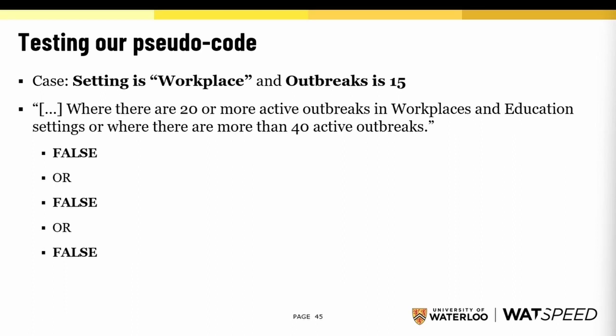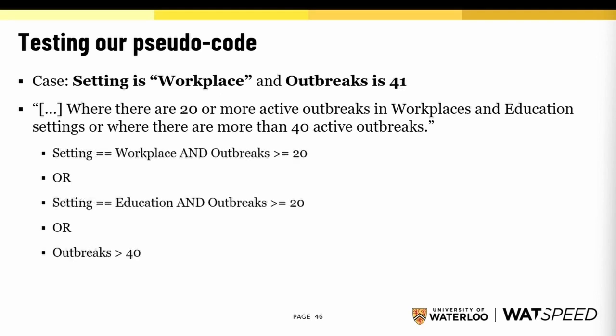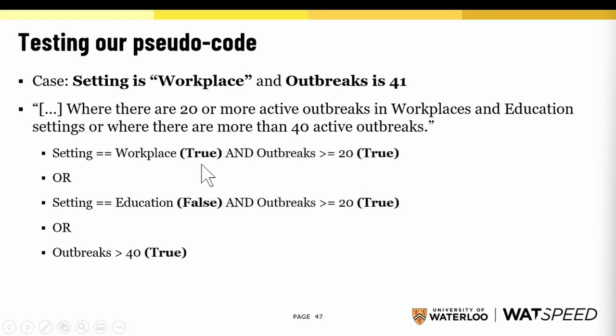Let's try another example. Our setting is workplace, and the number of outbreaks is 41. Try working this example through. If we work this example through, we see that the setting is equal to workplace, and the number of outbreaks, 41, is greater than or equal to 20. So our first line is equal to true, true and true. And what's cool is when you're dealing with or, we're evaluating from left to right, or top to bottom in this case.